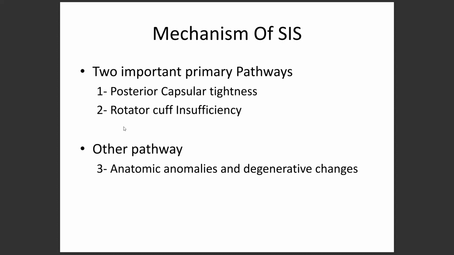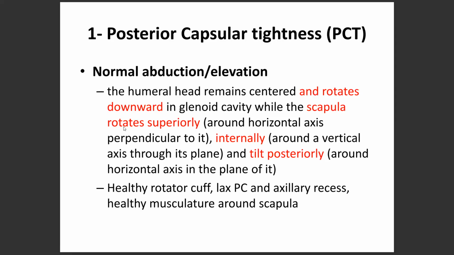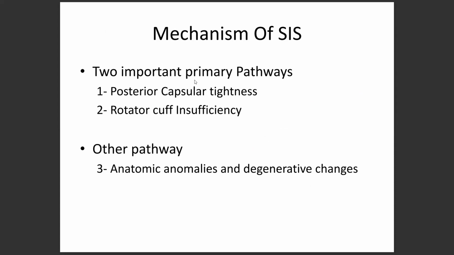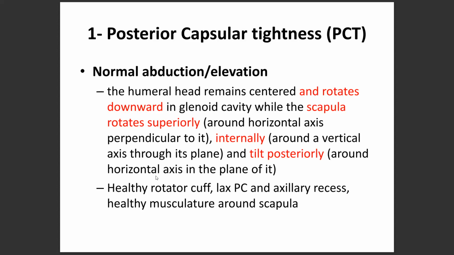And the other pathway, the less common one, is anatomic anomalies and degenerative changes. सबसे पहले हम posterior capsular tightness पर बात करेंगे, and then we will discuss rotator cuff insufficiency, anatomic anomalies पर फिर बात करेंगे.